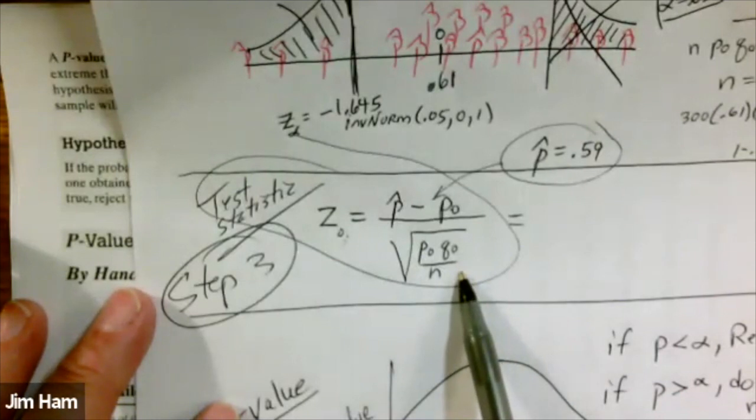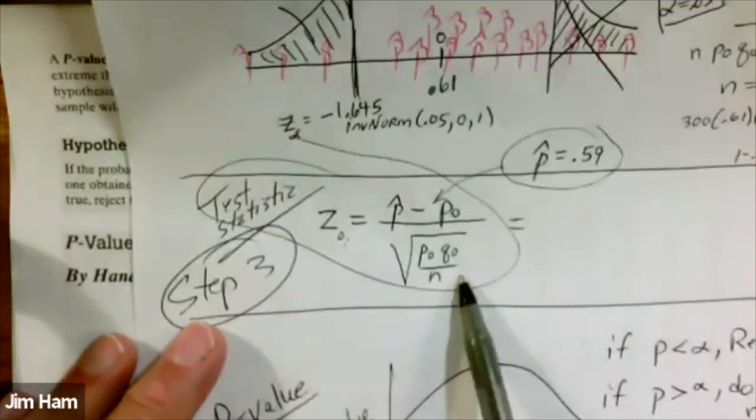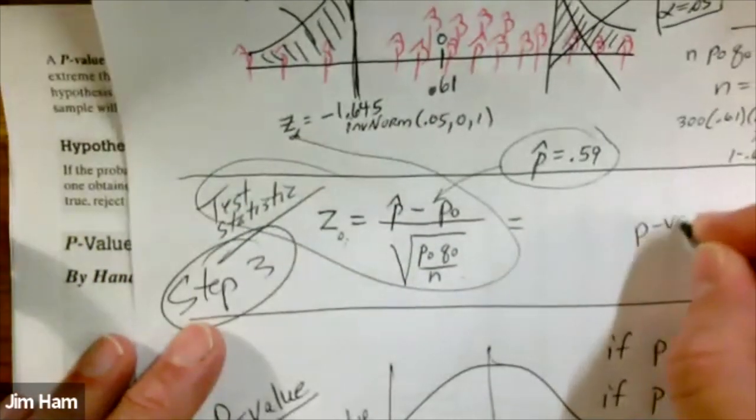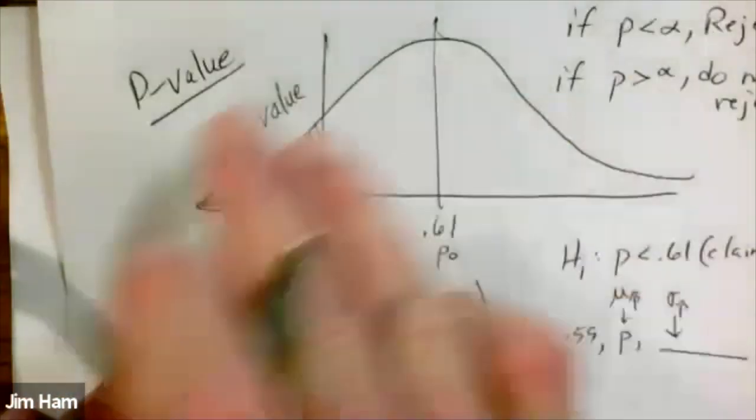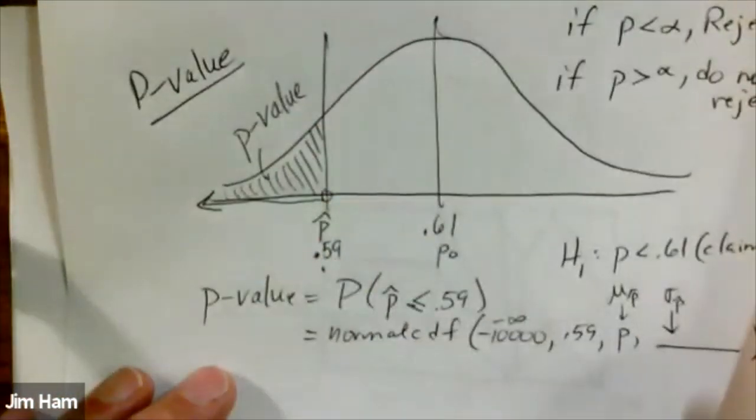The nice thing is that, just like the p-value, the calculator will calculate this test statistic for us. The other thing involved in step 3 is to calculate the p-value, or alternatively, you can use the classical approach and draw this graph.